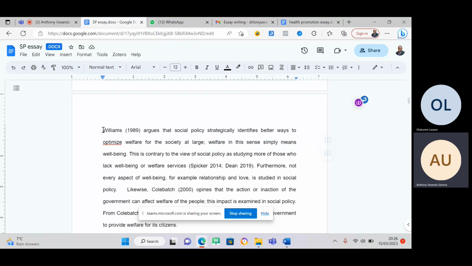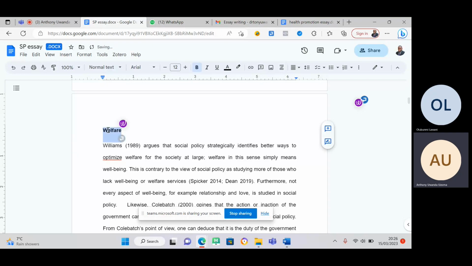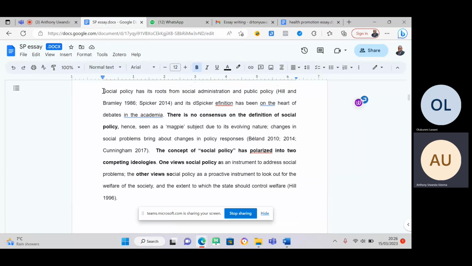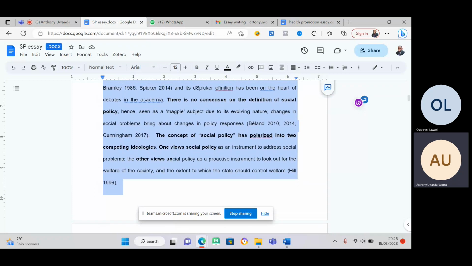Here, someone that is still practicing how to write can have a subheading, welfare. The reason I have a subheading now is so that your essay is guided, because I cannot come inside social policy here and be talking about welfare. See this whole place now, this whole chunk is talking about one thing.